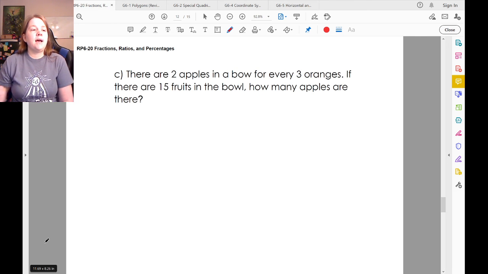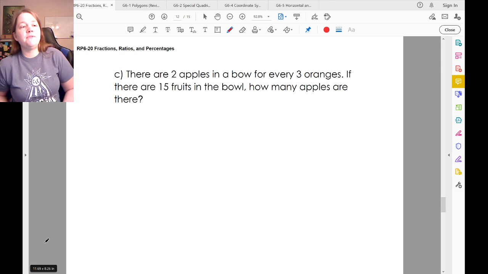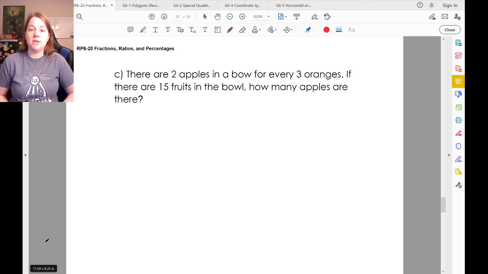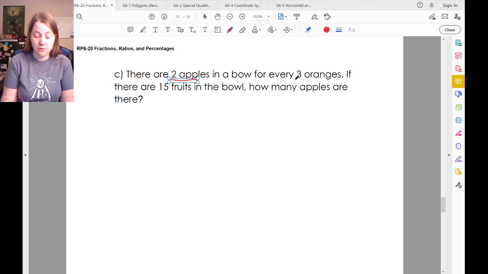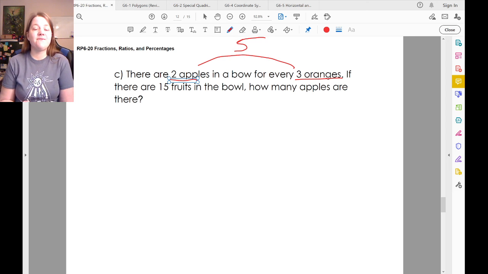If there are 2 apples in a bowl for every 3 oranges, and there are 15 fruits in the bowl, and we assume that there are no other fruits in there, like grapes, that would really throw us off, how many apples are there? So we know 2 apples for every 3 oranges. Together, this makes 5 fruits in this ratio.